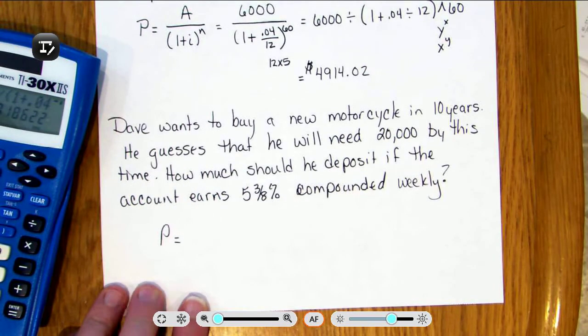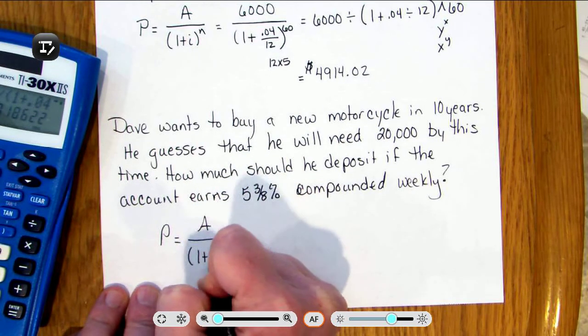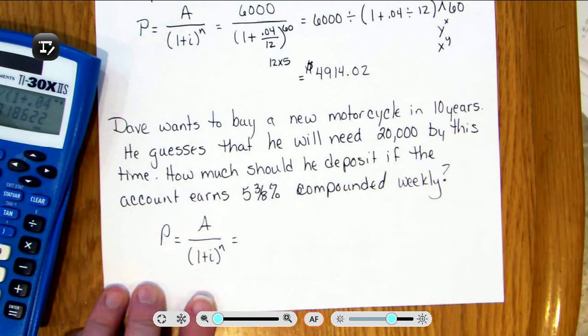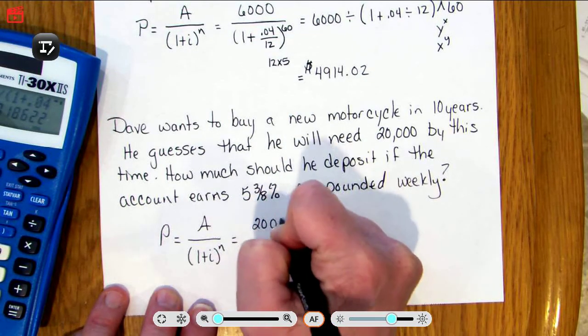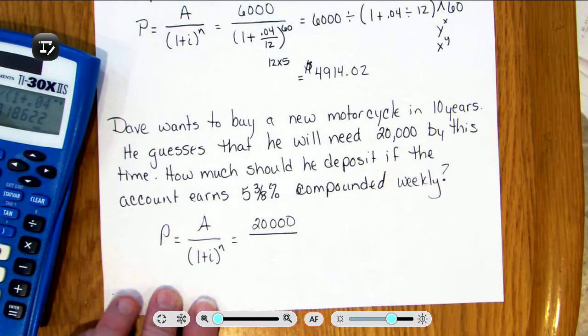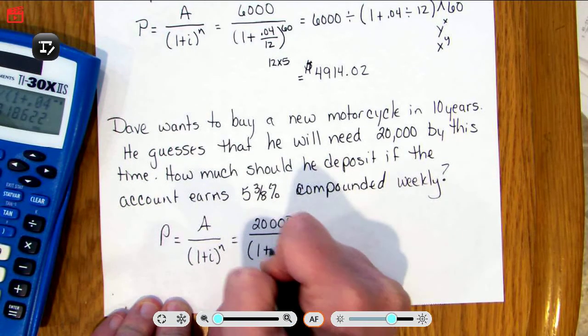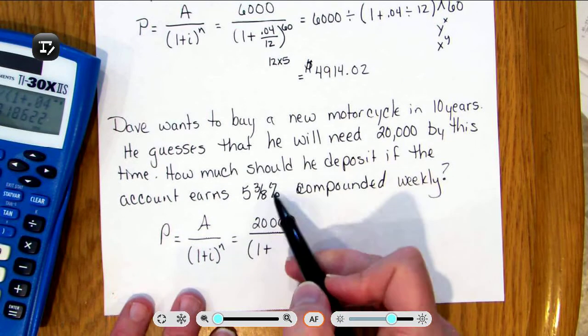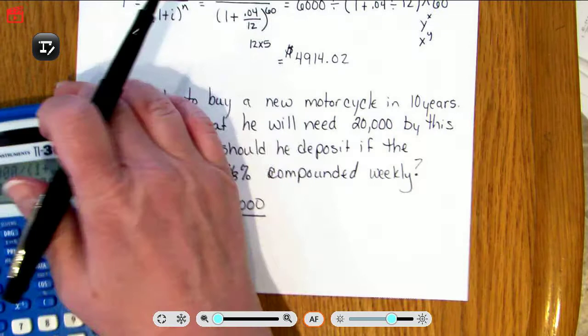So again, we are looking for that P. How much should he deposit now? That present value, which is A over 1 plus I to the N. My A is $20,000 that he wants to have for that brand new motorcycle. My I, that's that period rate. So first thing I need to do is take that 3/8 and get it in its decimal form.